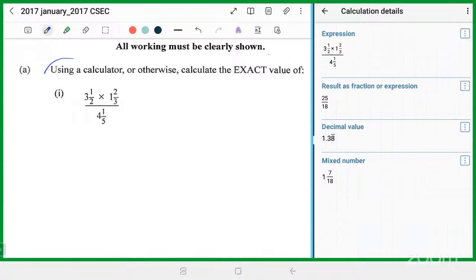Because they said use a calculator, I'm just going to write 25/18, because after all, the calculator can work this out in one go. All right, that's the exact value.